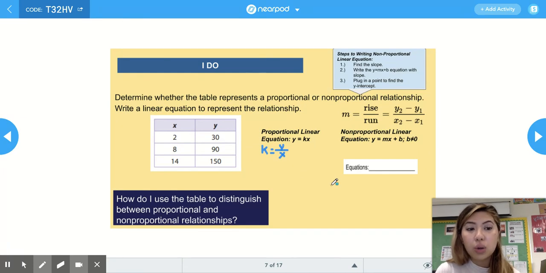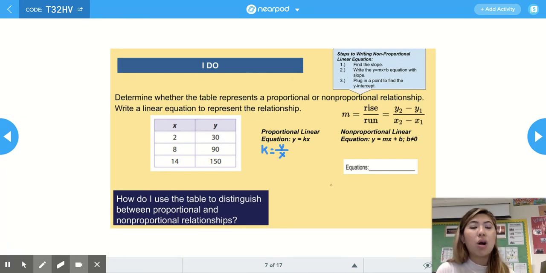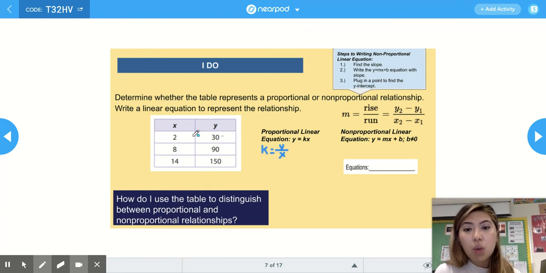And so we're going to choose the different points and see if they're all equivalent to each other. Because if the constants of proportionality are all the same for each of the coordinates, that would mean that this is a proportional relationship. So our y value for our first point is 30. Our x value is 2, so we have 30 over 2.